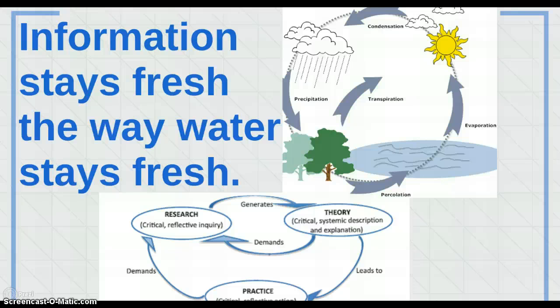If you're familiar with the stages of the water cycle, you can think of theory as being like condensation, research as being like percolation, and practice as being like transpiration. Even if we go further, scholarly publication is like evaporation, mainstream media is like precipitation.